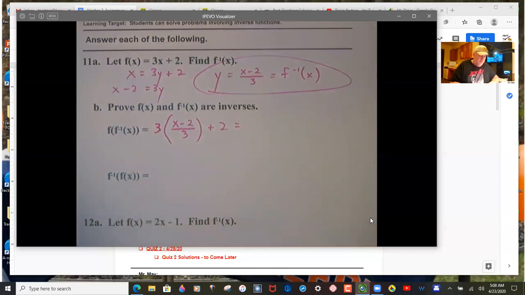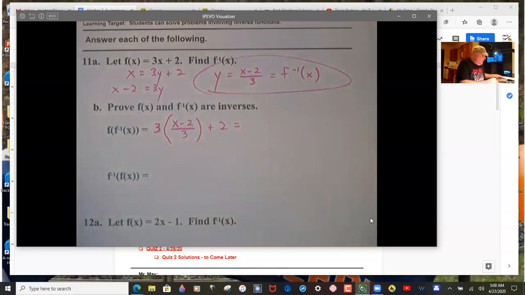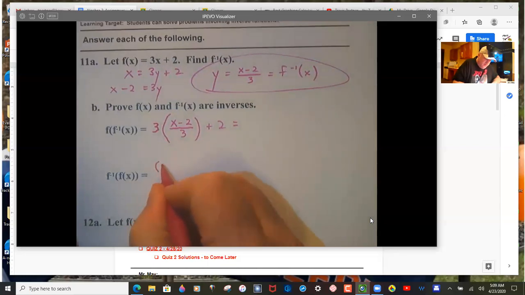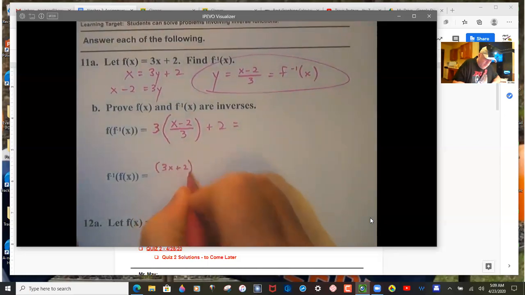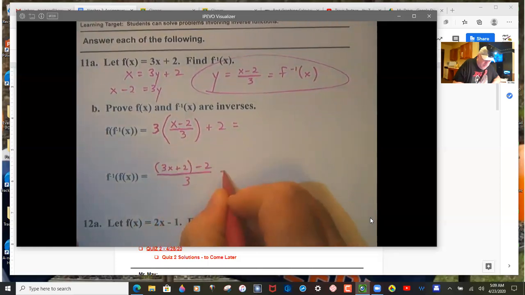F inverse of f of x. So in this function, the inverse function, f of x is going to go in for x. So what is that going to look like? Get my answer key here to make sure we're good. So that's just going to be 3x plus 2 minus 2 over 3.